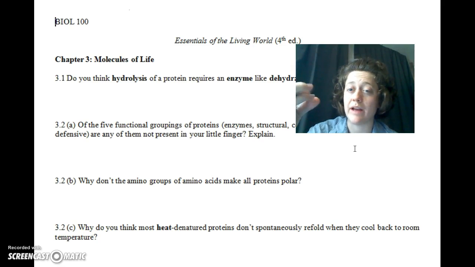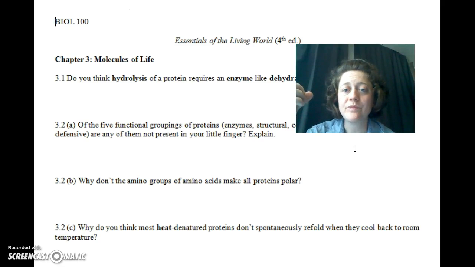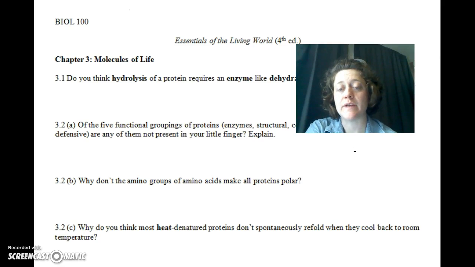Now maybe there's not a whole lot in my little finger doing heavy lifting, but I'd be willing to bet that there are some in there. Transport proteins, those are ones that we can find in the cell membrane, and they transport different sizes of molecules into and out of the cell. If you think those are in the cells of your little finger, then we might be onto something here.